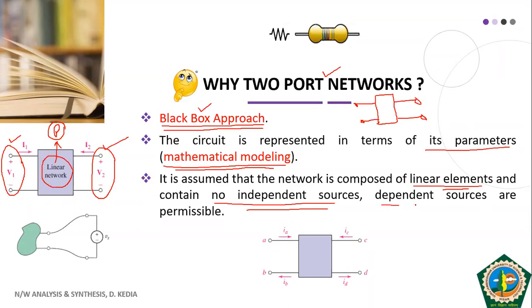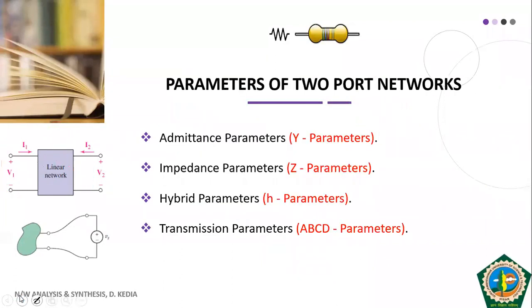However, inside the network you may have dependent sources. Dependent sources are permissible, but independent sources are not permissible. Okay, so students, it is because of these things that we are studying two port network here. I hope all the things are clear to everyone.